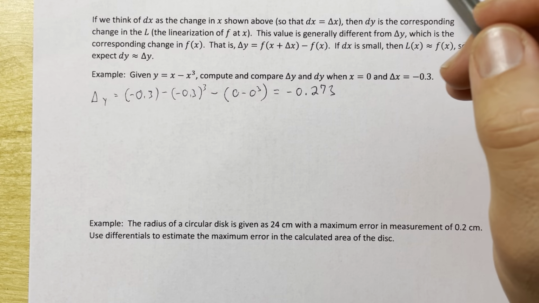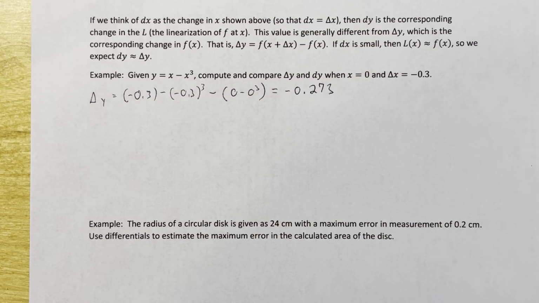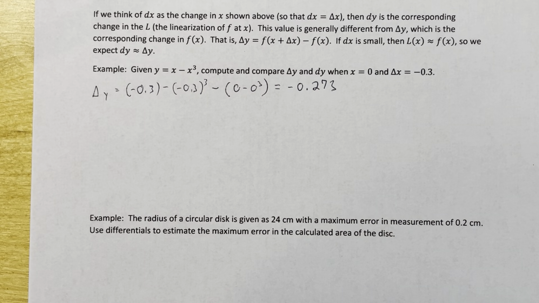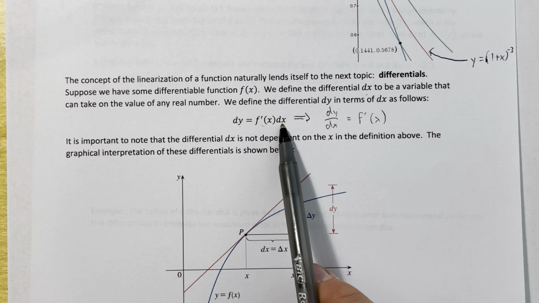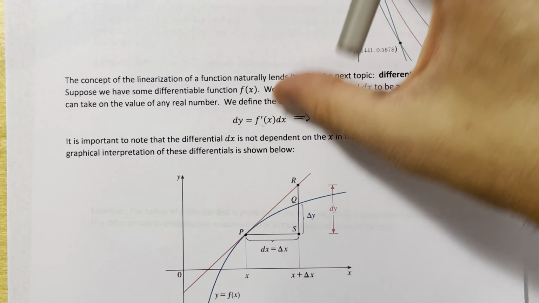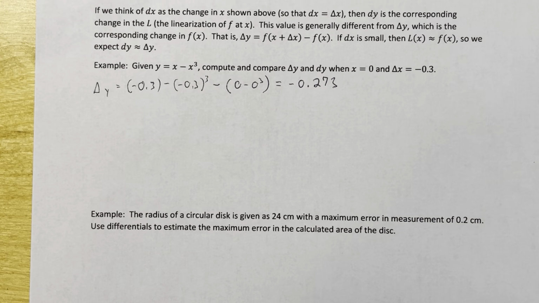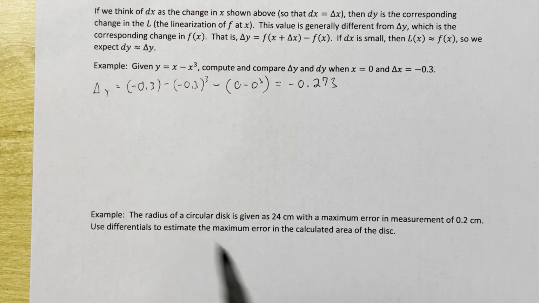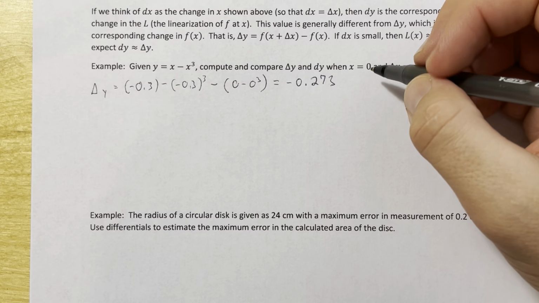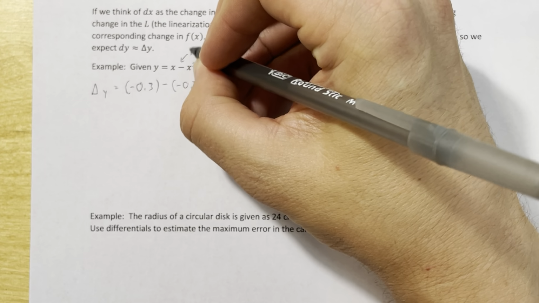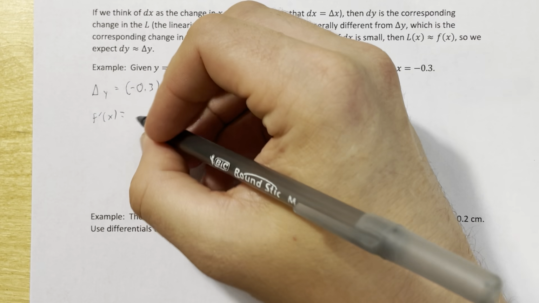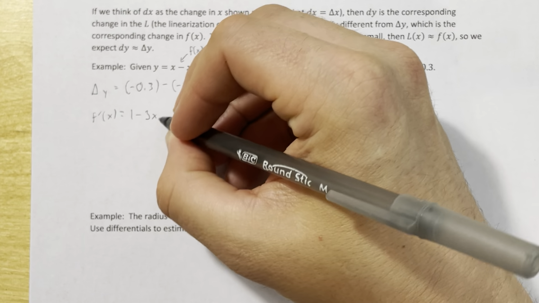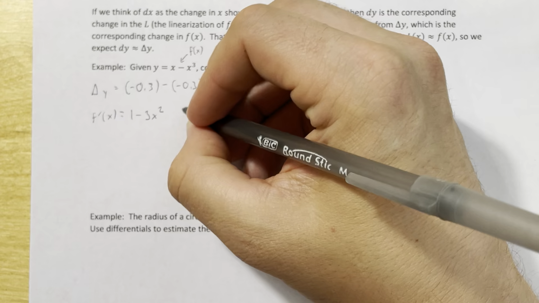Okay, how do I find dy? Well, in order to find dy, my differential, remember we define over here dy to equal f prime of x dx. We're given dx in the problem. F prime of x is the derivative of this function. So we can also think of it as y prime, but let's label that f of x right there so that f prime of x is equal to 1 minus 3x squared.